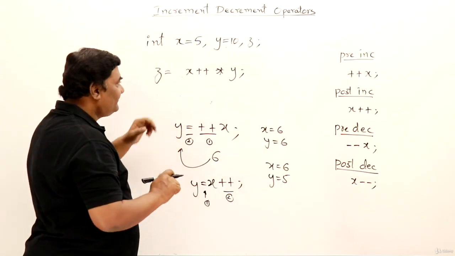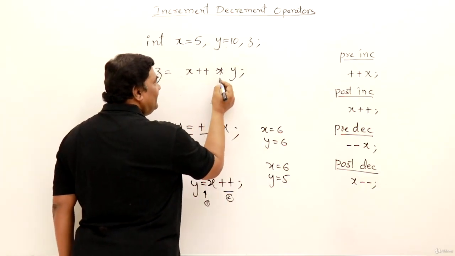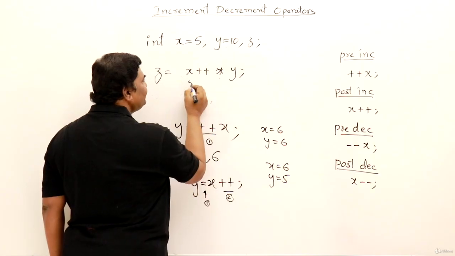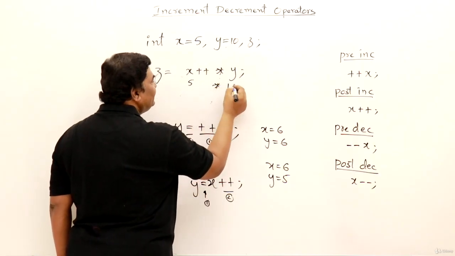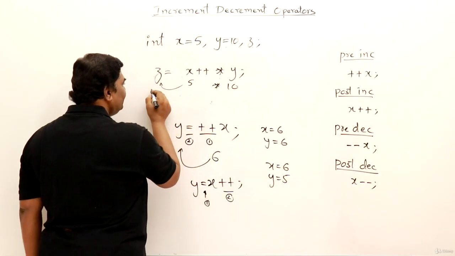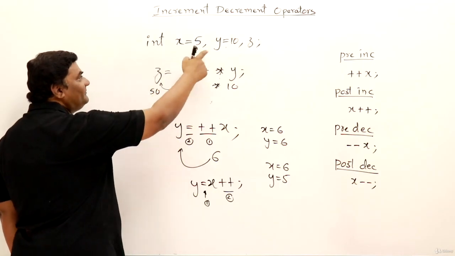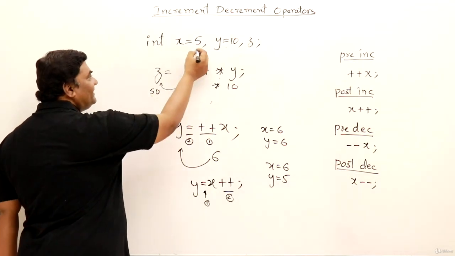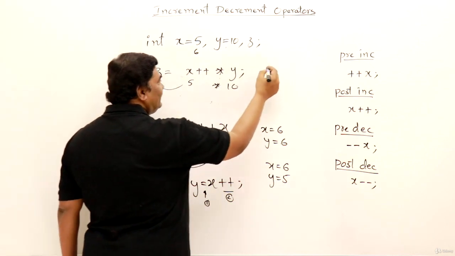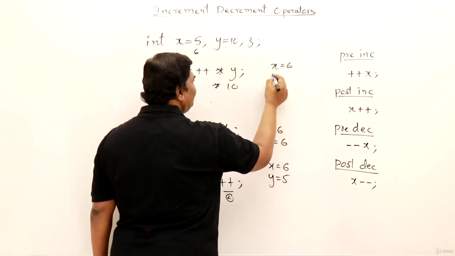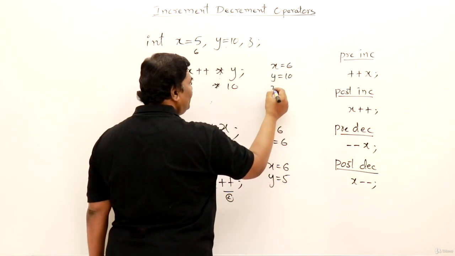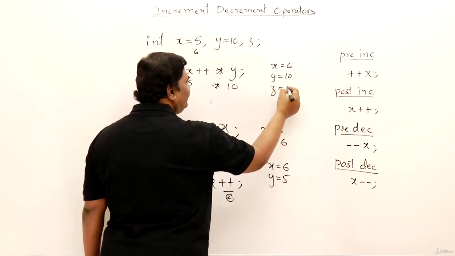Afterwards. So first the multiplication is performed. What is the value of x? 5 into 10. So this 50 is stored in z and then x becomes 6. After this, the result will be x is 6 and y is 10 only, it is not modified, and z becomes 50.